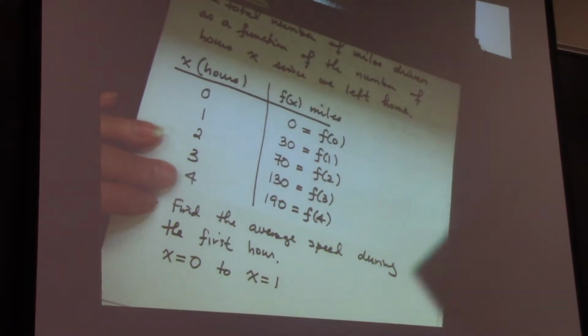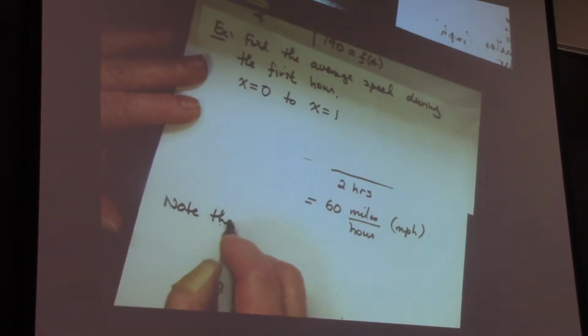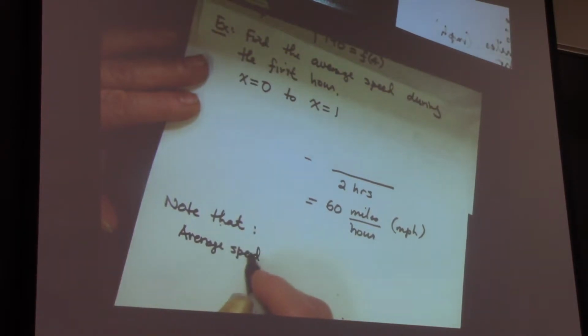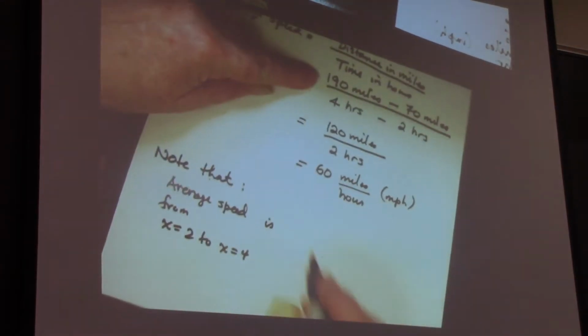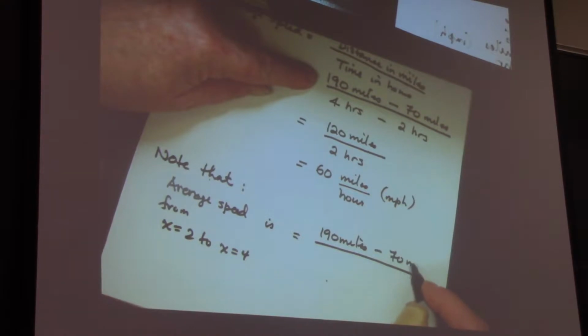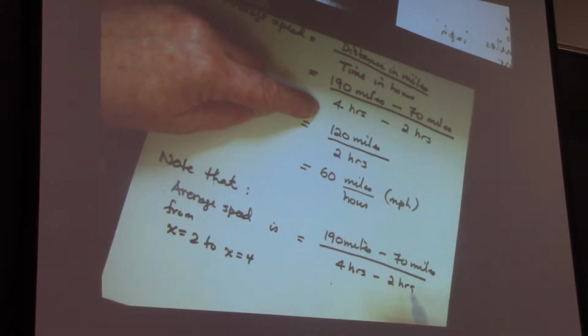Okay, so I want to look at the average speed from x equals 2 to x equals 4 is, let me just write this, 190 miles minus 70 miles over 4 hours minus 2 hours.